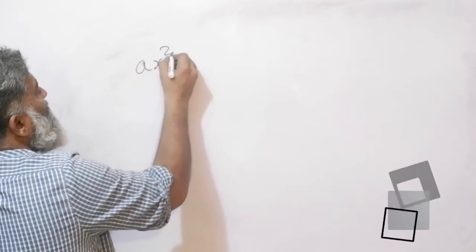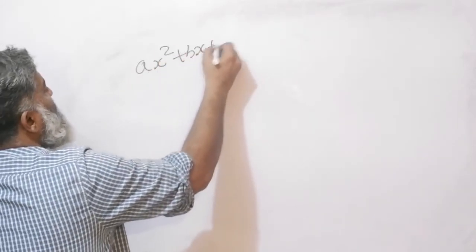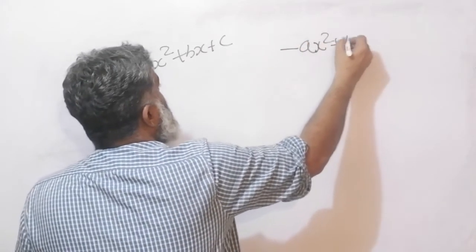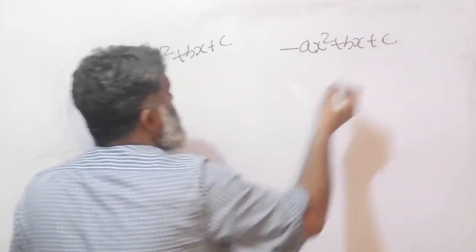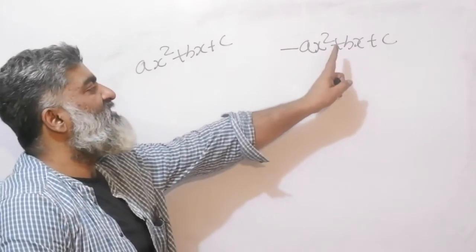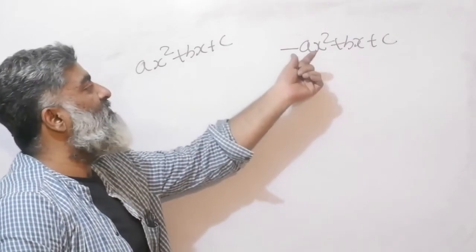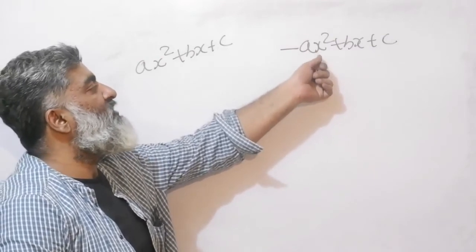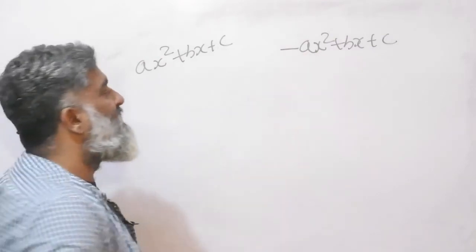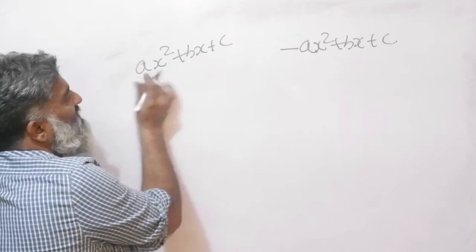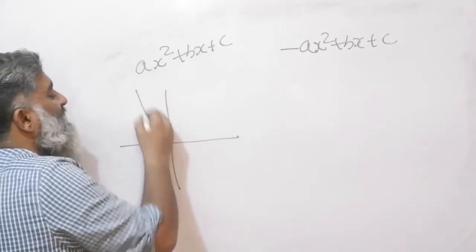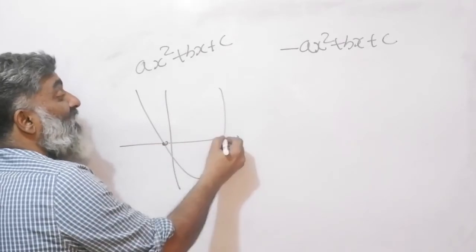You will either have an ax square plus bx plus c kind of a story, or you will have a minus ax square plus bx plus c kind of a story. It doesn't matter whether there is a negative here or not. This is the major determining factor, whether the coefficient of x square is positive or negative, right? When it is positive, when it is a straightforward quadratic equation, what are the possibilities? If there are roots, and when are there roots?